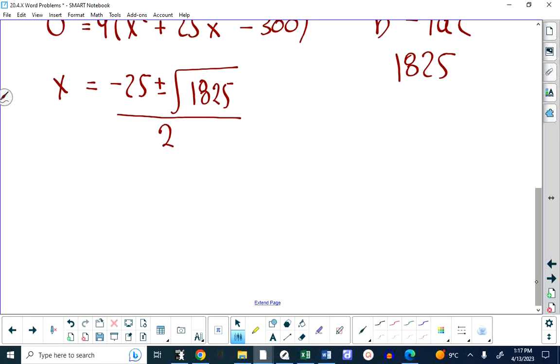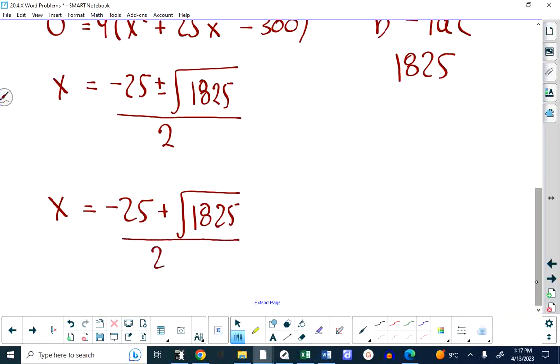We get x equals negative 25 plus root 1825 all over 2. And x equals negative 25 minus root 1825 all over 2.